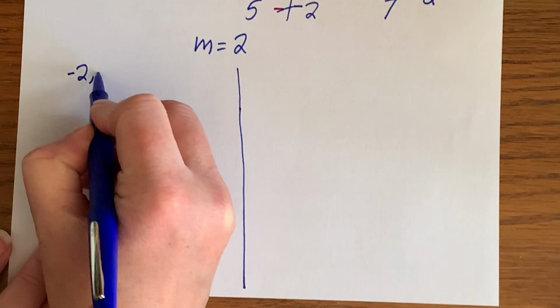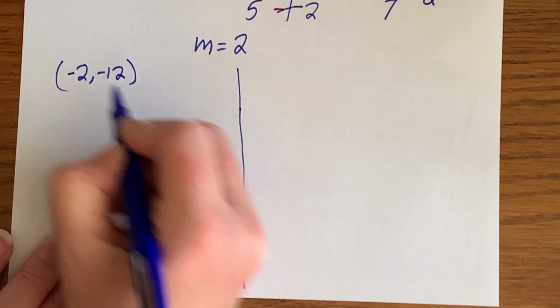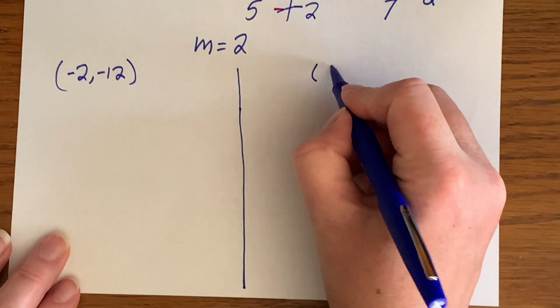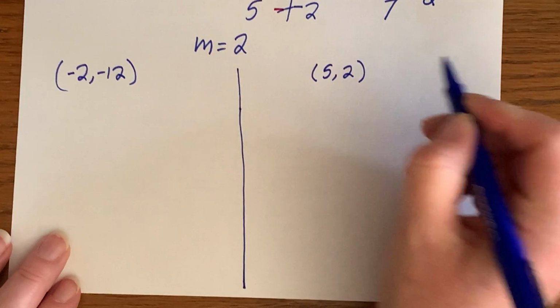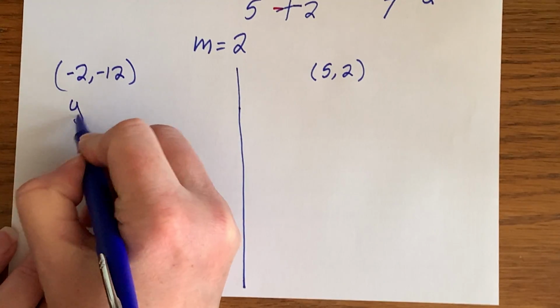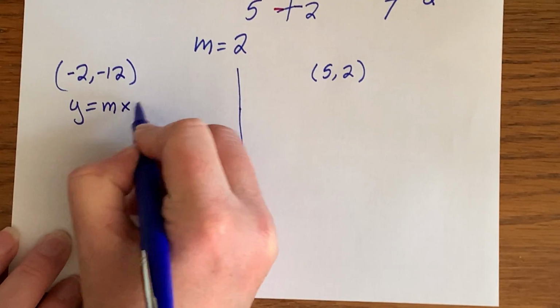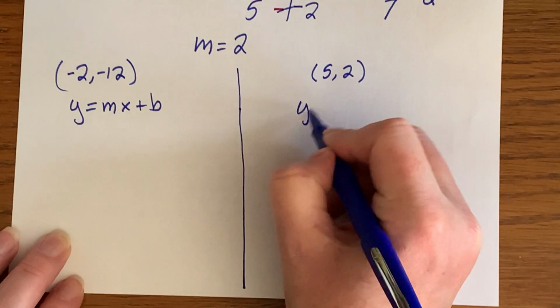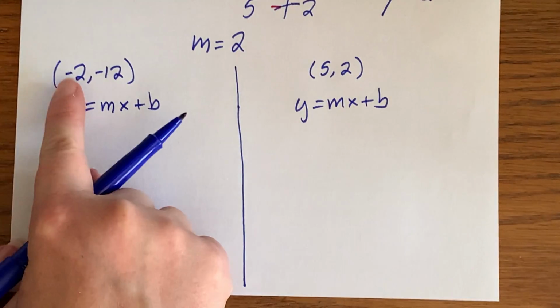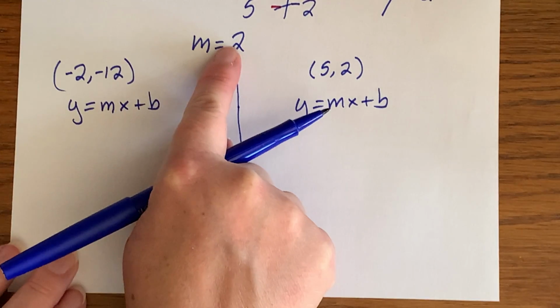If you work with our first point, you're going to get the equation of the line. If you work with the second point, you're still going to get the equation of the line. I'll do it twice. Boom. All right. In both of these, you would fill in your x, your y, and your m.